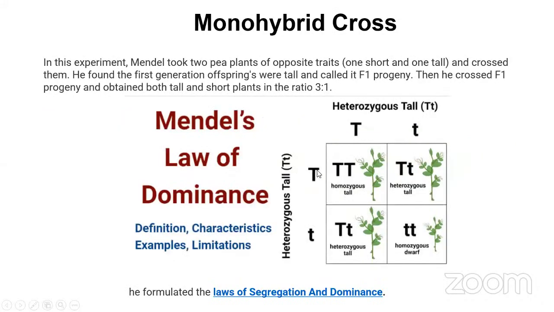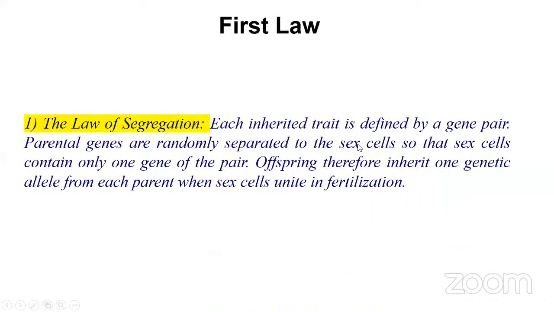That means the offspring will contain one of these and one of these. In case of human beings, the child will take one gene from the father and one gene from the mother. This is called the law of segregation.